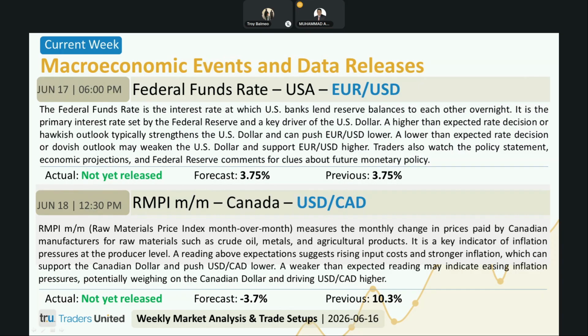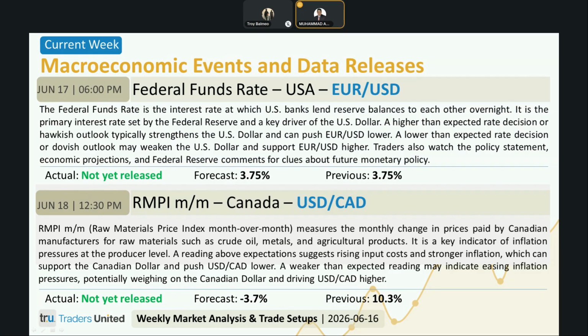Now, let me discuss market context and pre-release expectations. Market expectations suggest the Federal Reserve may maintain the current rate at 3.75%, indicating a stable monetary policy stance. Currency traders are not only focused on the rate decision itself, but also on forward guidance, economic projections, and commentary from Federal Reserve officials.